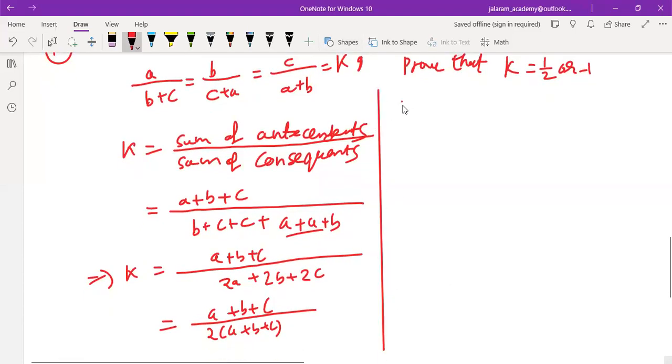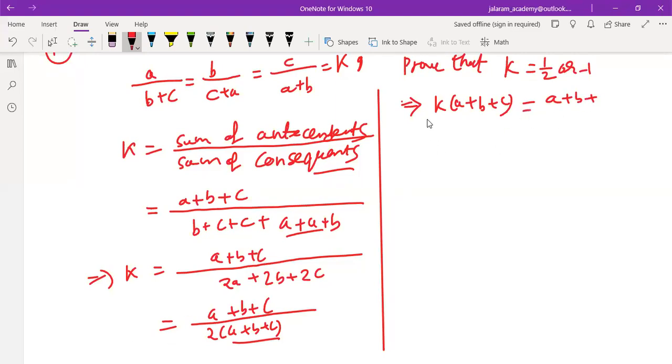Don't cancel this A plus B plus C in these questions. It can be 0 or non-zero both. When we take K equals to sum of antecedents upon sum of consequents, it means it can also be 0. That's why first we cross multiply them.